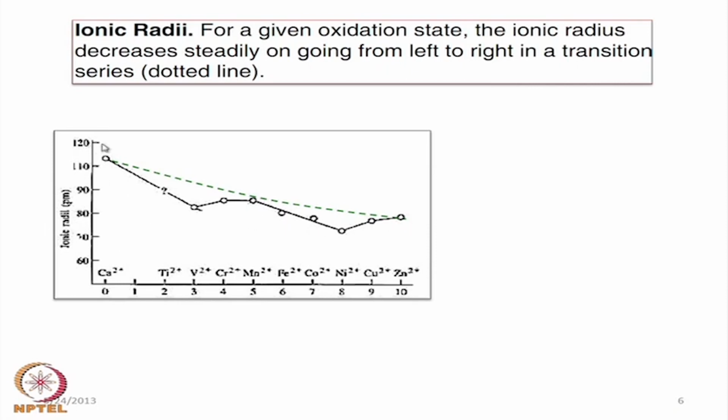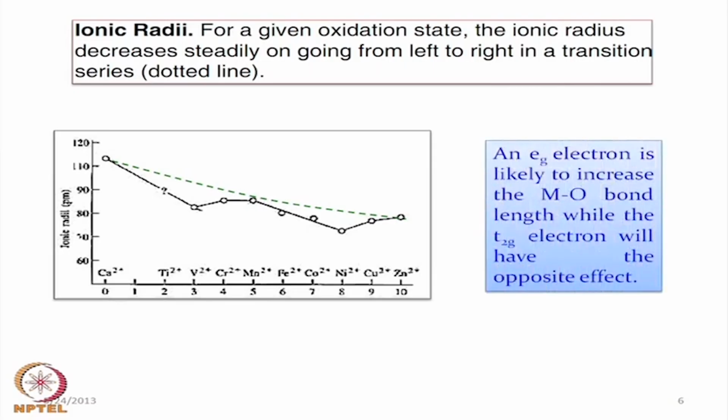So, in this range, from 114 picometer to about 80 picometer, the whole thing is again showing a double humped curve, or in the reverse direction, and the ionic radii will also change with the number of d electrons present in the two levels, that means the T2G level and the EG level. Why is this so?